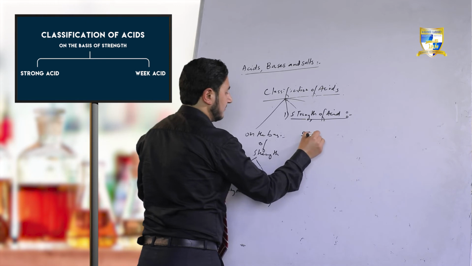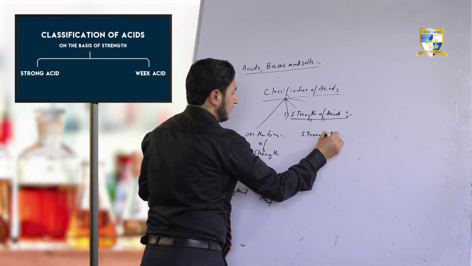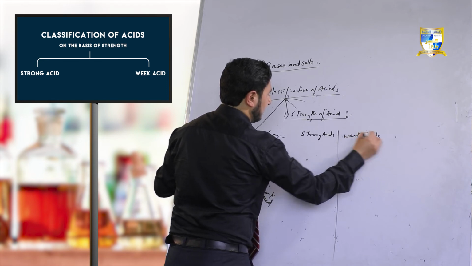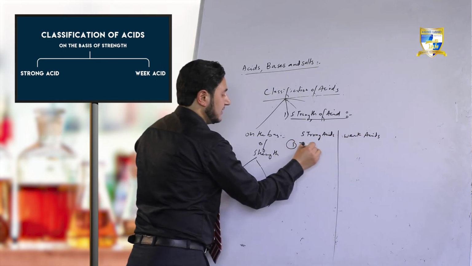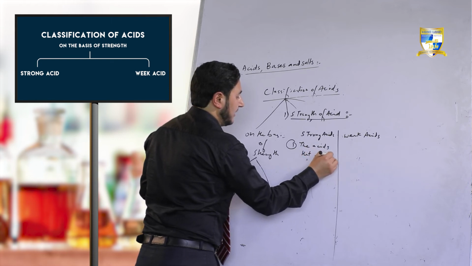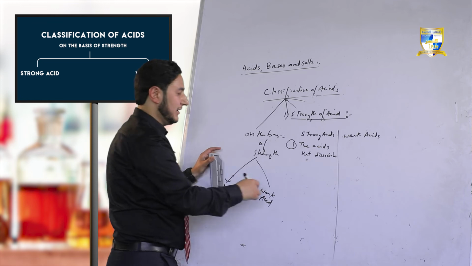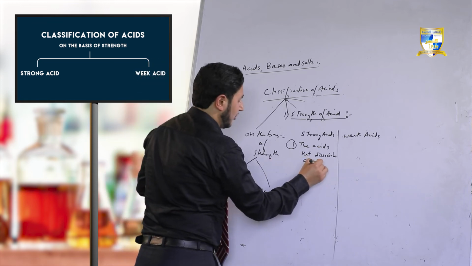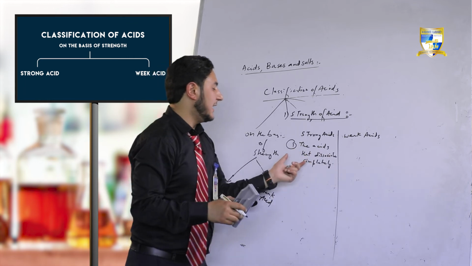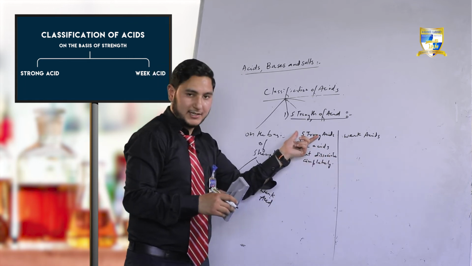Strong acids over here, the weak acids over here. First one: the acids that dissociate completely, that is they ionize completely, are called strong acids.